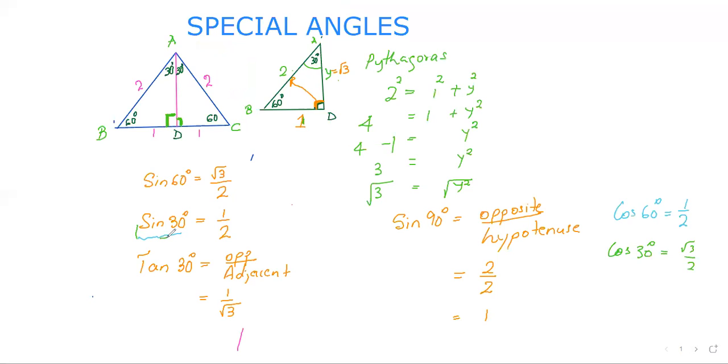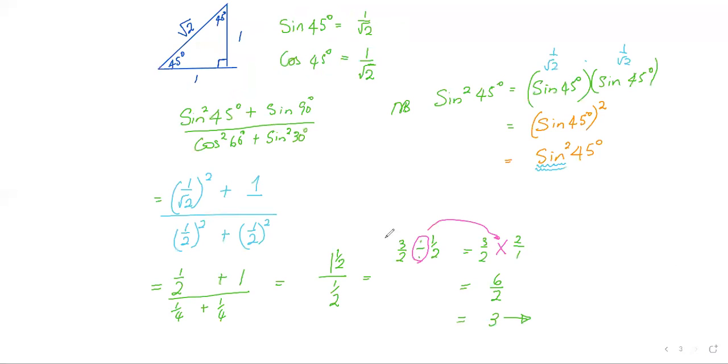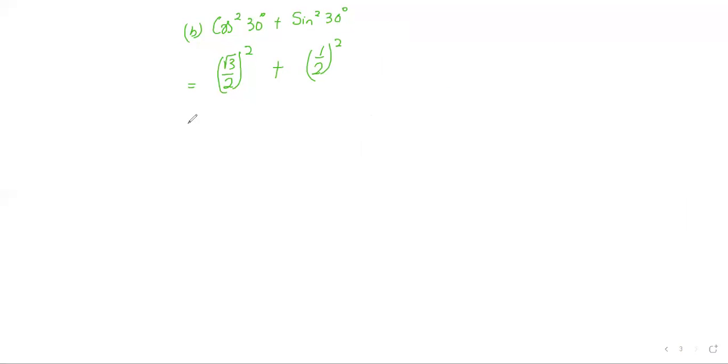The sine of 30 is a half. The cos of 30 is root 3 over 2. Now let's look at that. I said root 2 times root 2 is equal to 2.